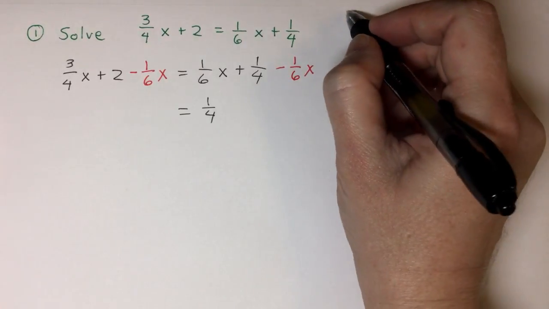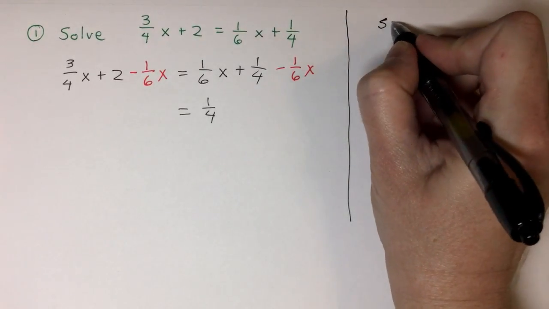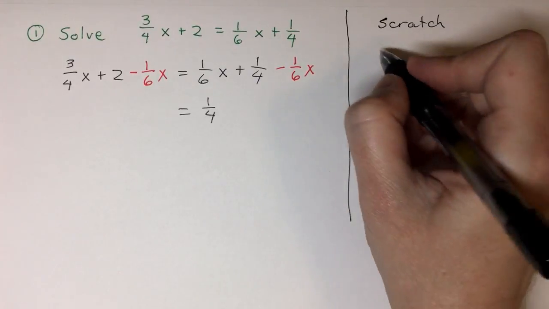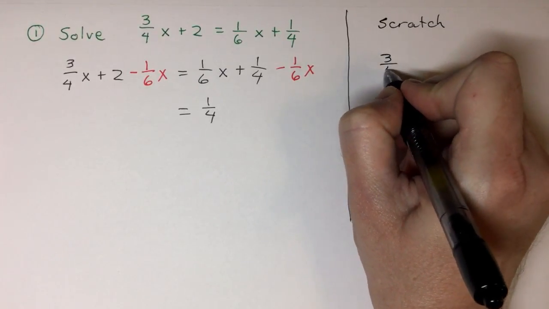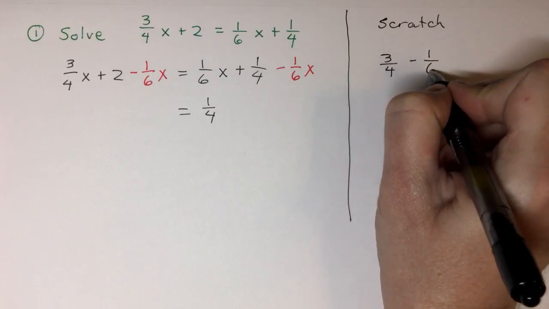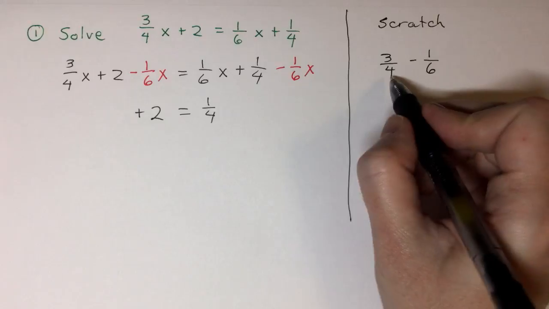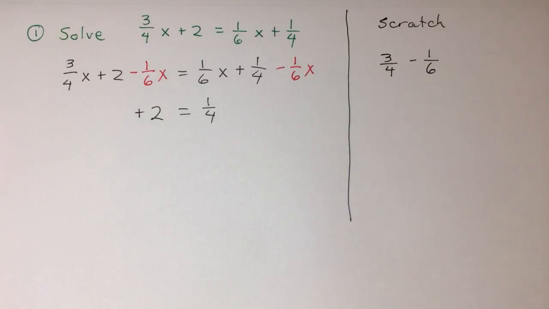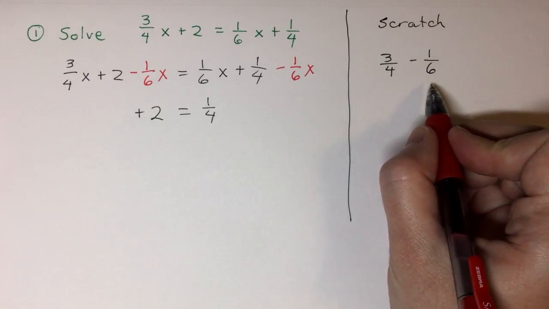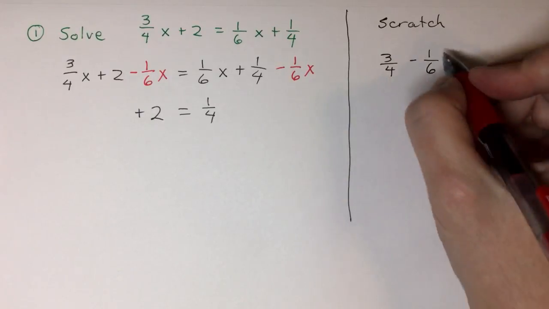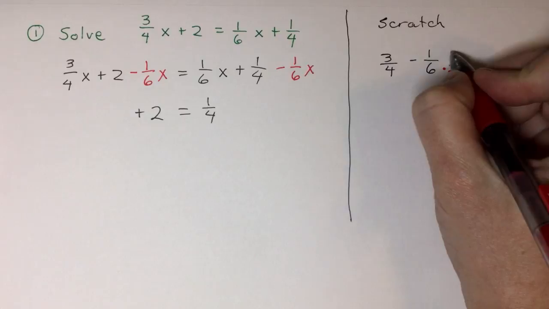On the left side though, I'm going to want to do some scratch work, because what I have here is 3/4 x minus 1/6 x, and then I'll still have my plus 2. Well, 3/4 minus 1/6, to add or subtract two fractions, I need to have a common denominator. 4 and 6, the least common multiple is 12, so the 6 needs a 2.